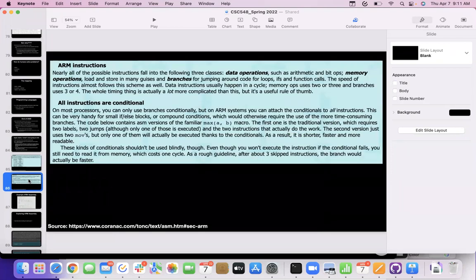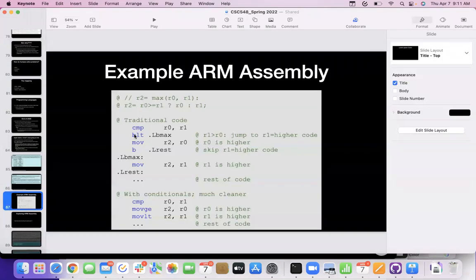Let me just show you the verbiage. In ARM systems, you can attach the conditionals to all instructions. This less than stuff can be attached to any instruction in ARM.